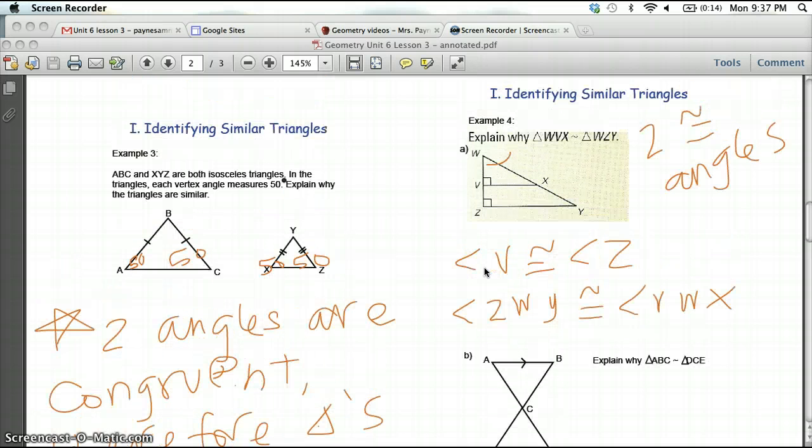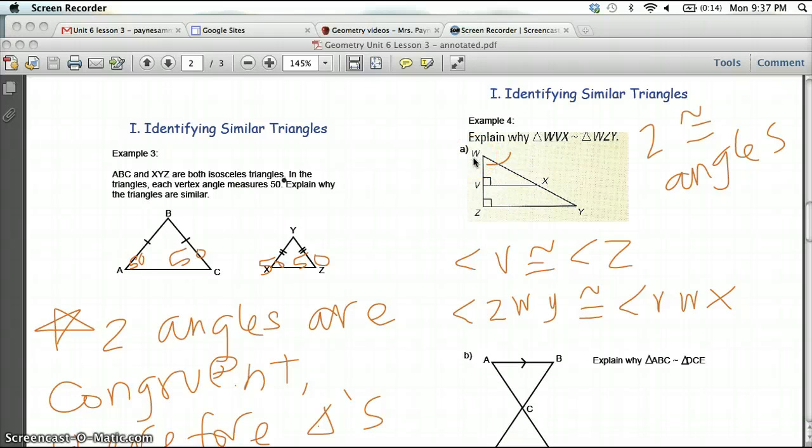Now let's look at this example. Example 4 here. It says explain why triangle WVX is similar to triangle WZY. Now it gives us that angle V is congruent to angle Z because they're both right angles. Now, if we look here, we've got triangle WZY and triangle WVX. Now, if you notice, both triangles share this W angle.